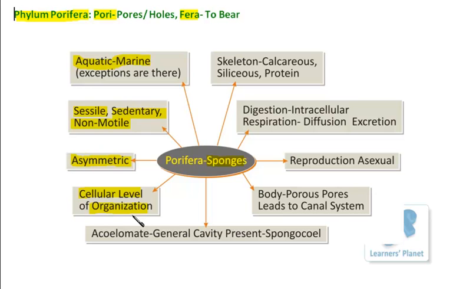Fine. Next point is acoelomate. The body cavity is absent. Now, can you link these two things here? The level of organization and the body cavity. Initially, I said they show the cellular level of organization. There is very little tissue formation, right?